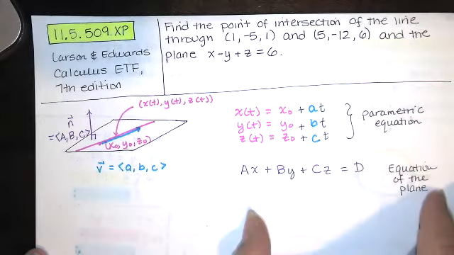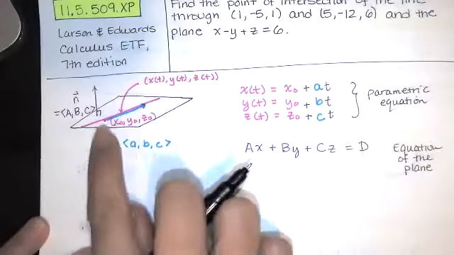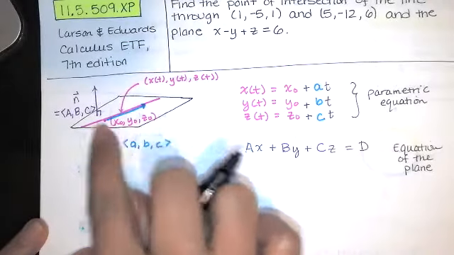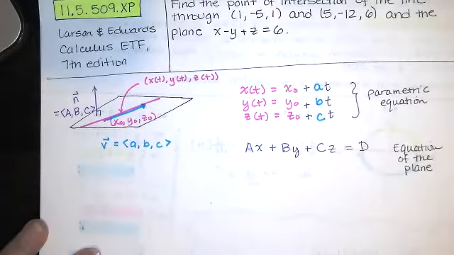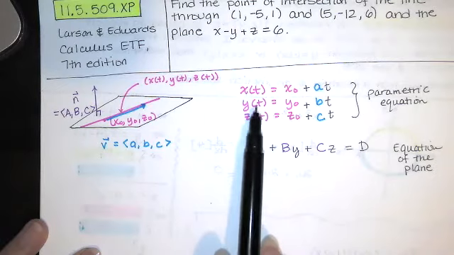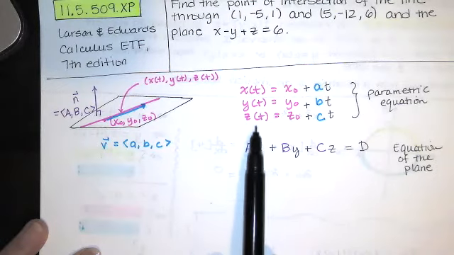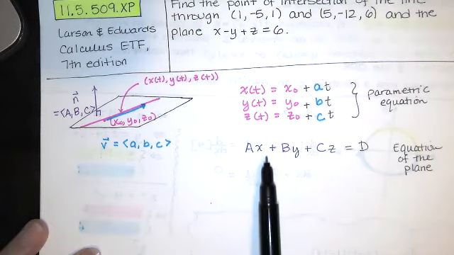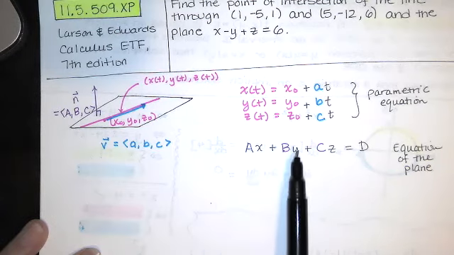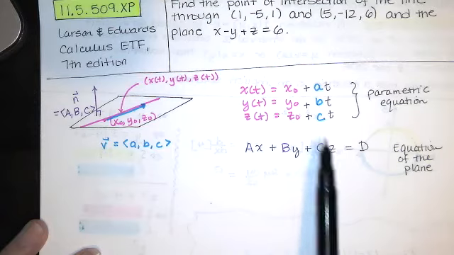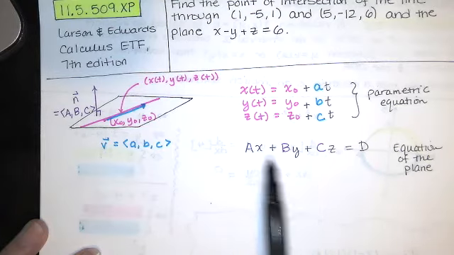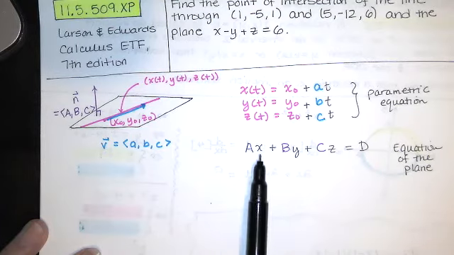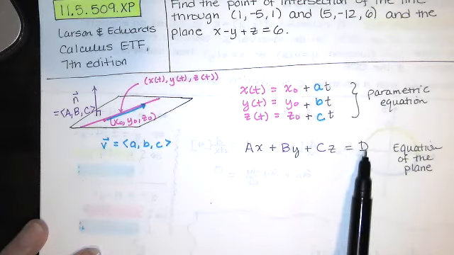Now, this is true in general, but if that line lies in the plane, what that tells me is that x of t, y of t, and z of t always satisfy this equation. So I can replace x with x of t, y with y of t, and z with z of t. And if I simplify that, I'm going to cancel out a bunch of t's, and I'm going to be left with d.